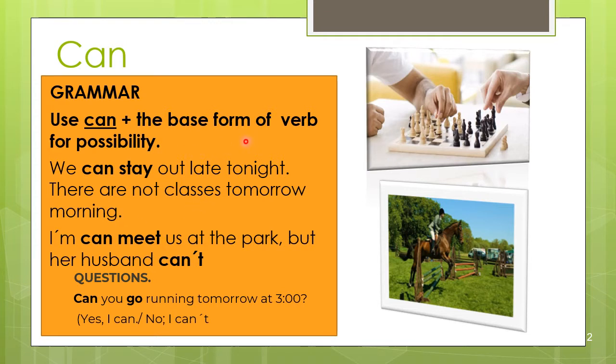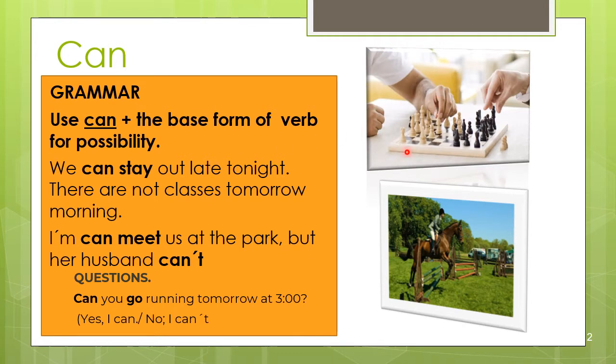For example, I can, you can, she can, he can, it can, we can, you can, and they can. When we are talking about negative, we just add the word not. When we are asking a question, this auxiliary goes at the beginning of the sentence. Remember that can is used for possibility and ability.